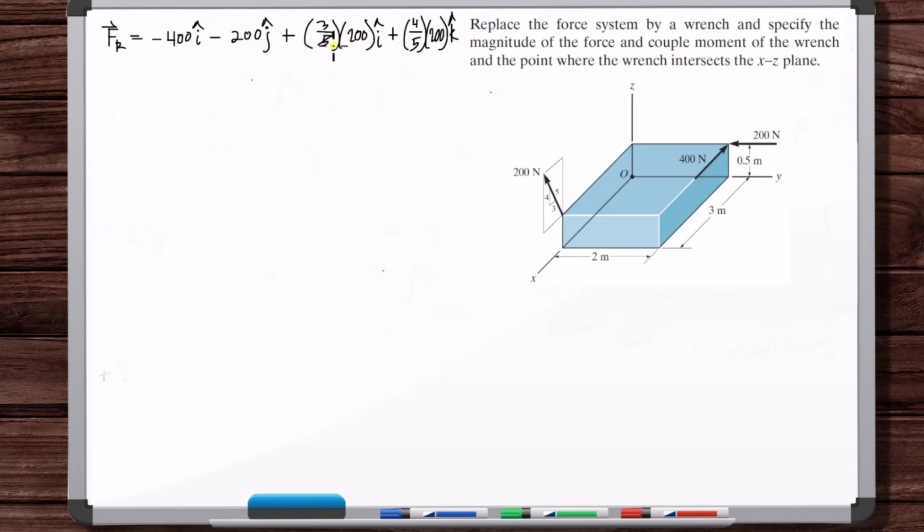So this is minus 400 plus 120 I hat, minus 200 J hat, plus 160 K hat.